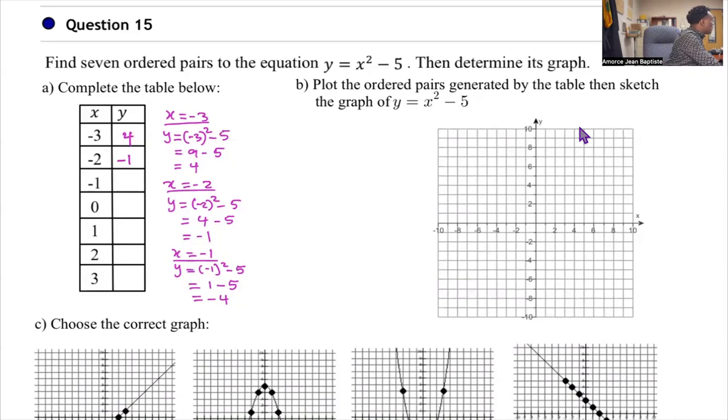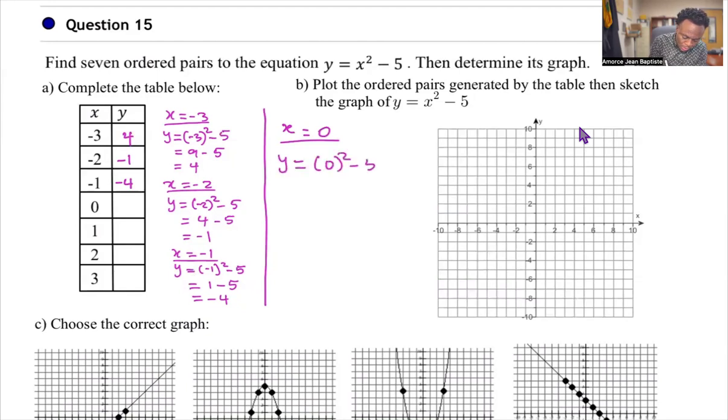And then for x equals 0, we have y equals 0 squared minus 5. That is -5. X equals 1, y equals 1 squared minus 5, -4.